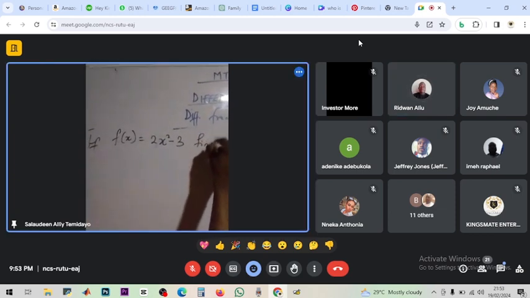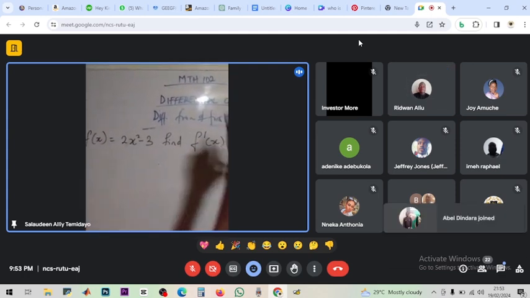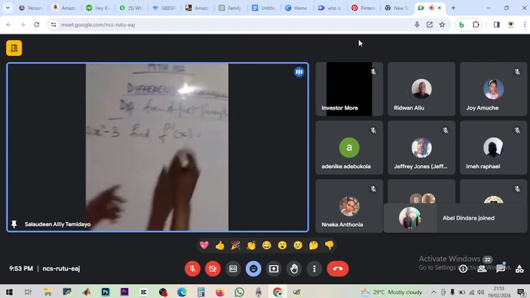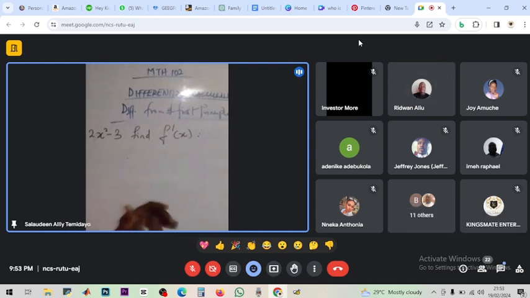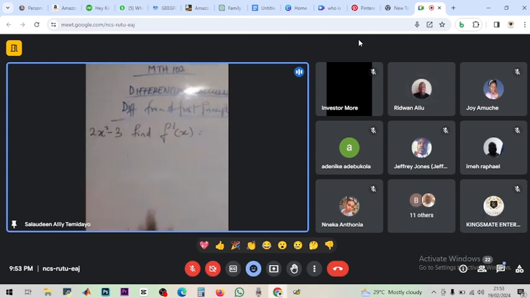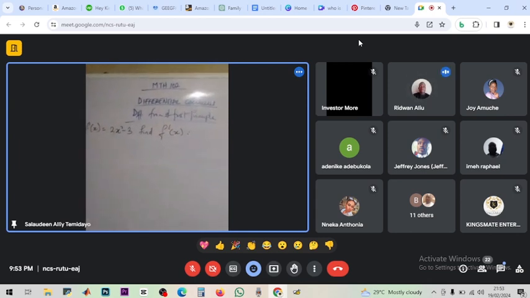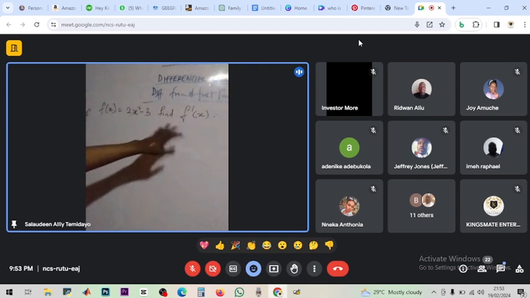Find, please look at what I'm going to write very well, f prime of x. f prime of x means the derivative of f of x. Derivative means after you differentiate it, what did you get? It only means differentiate f of x. You are given f of x, that means like you are given y equals 2x squared minus 3.